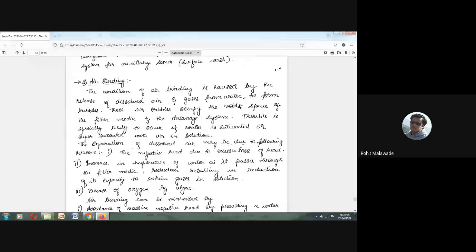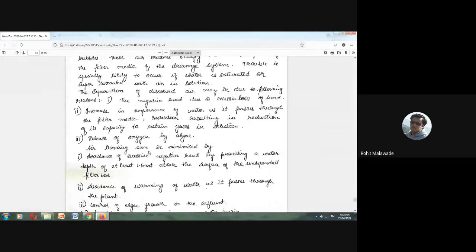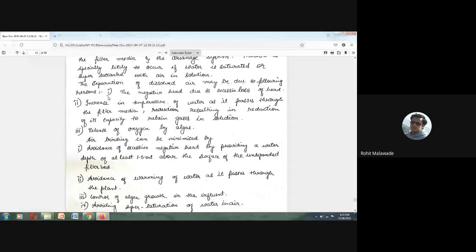Air binding. Due to this air binding, it is going to create a negative head due to the excessive loss of head.